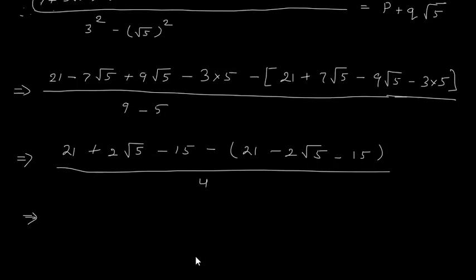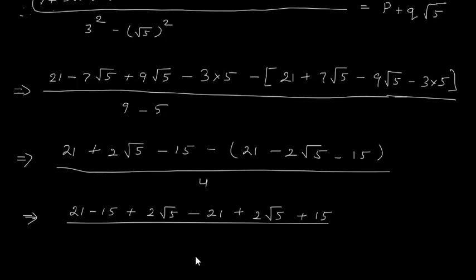So this implies 21 minus 15 plus this is 2 root 5. Okay, I have written this minus 15 first, and then this 2 root 5, then I open this bracket, so it is minus 21, minus and minus, this is plus 2 root 5, and then minus and minus, this is plus 15, whole divide by, here I have 4.